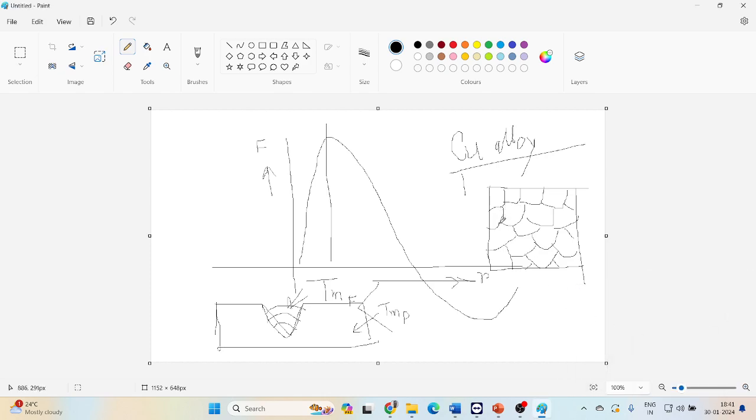So the boundaries over here are of two different grains. If you are thinking in atomic scale, the atoms will be arranged in different directions for different grains.